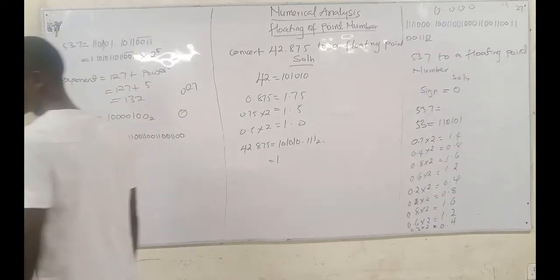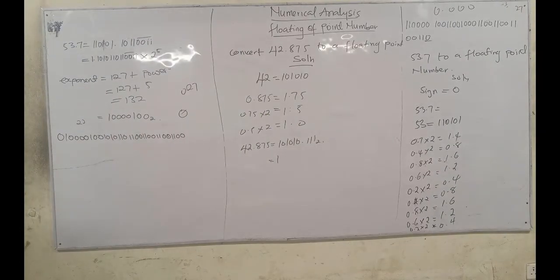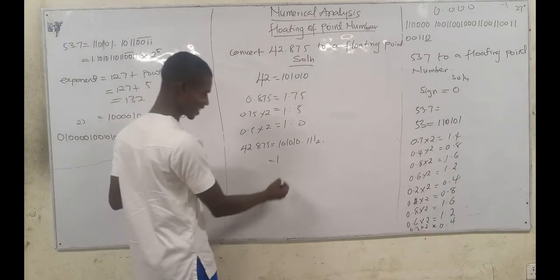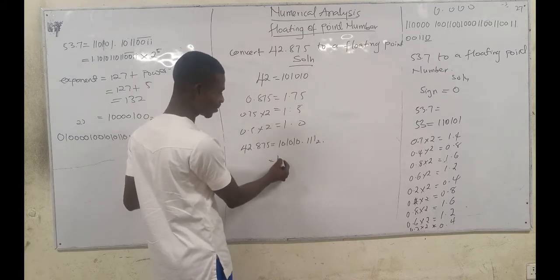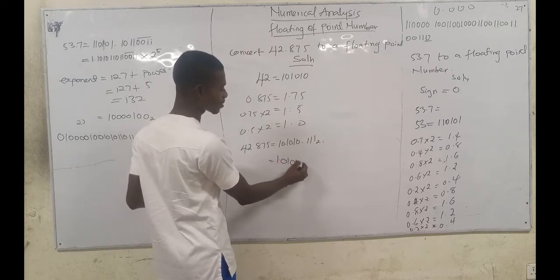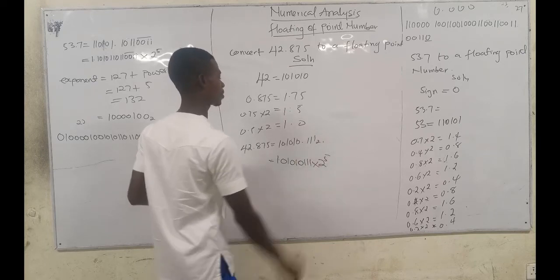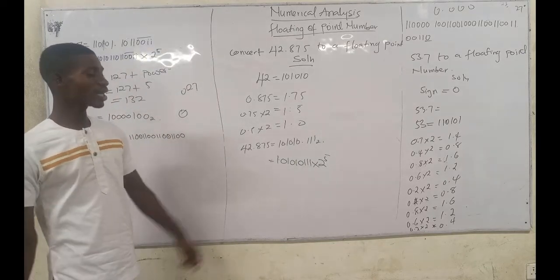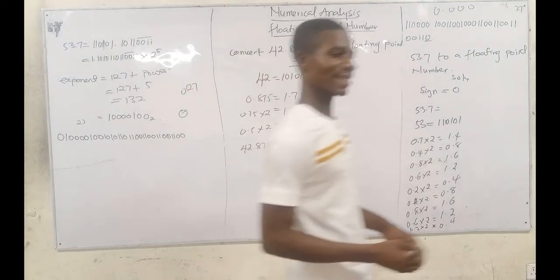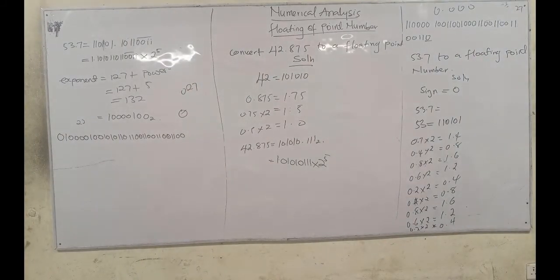So I'm getting the 5. This one has an end, so it's 1.010. But this one does not repeat. So please, you add zeros, so you get what?